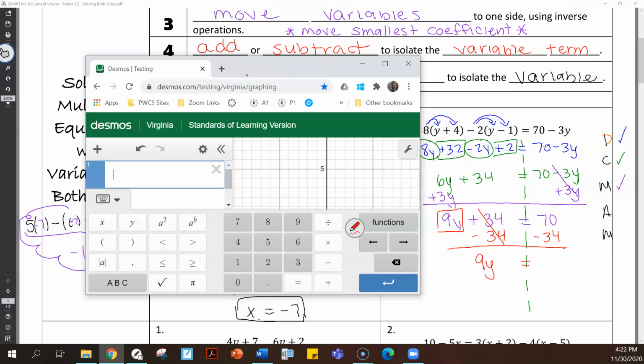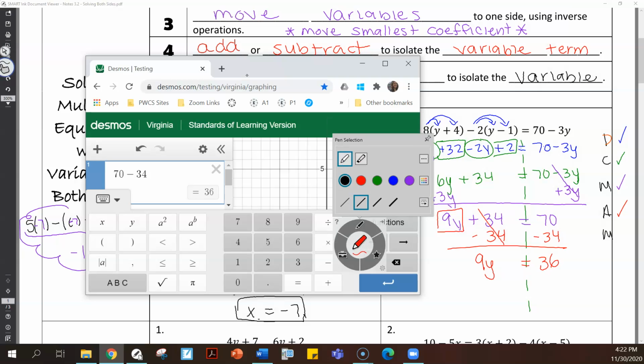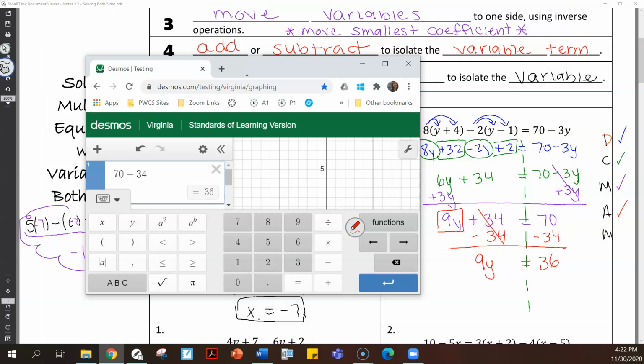There we go. 70 minus 34 gives me 36 on this side. Okay, so I added or subtracted to get my variable term alone. And the very last thing I need to do is multiply or divide to get my variable alone. Y is my variable.